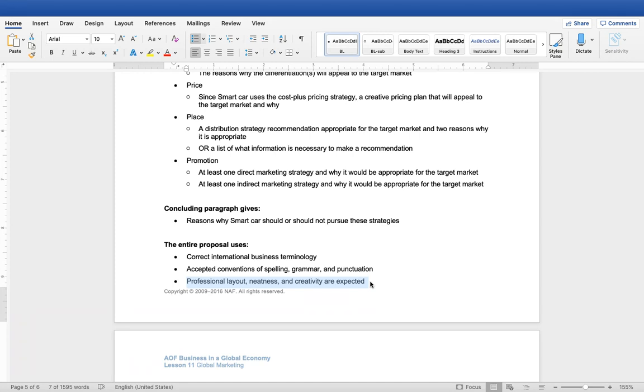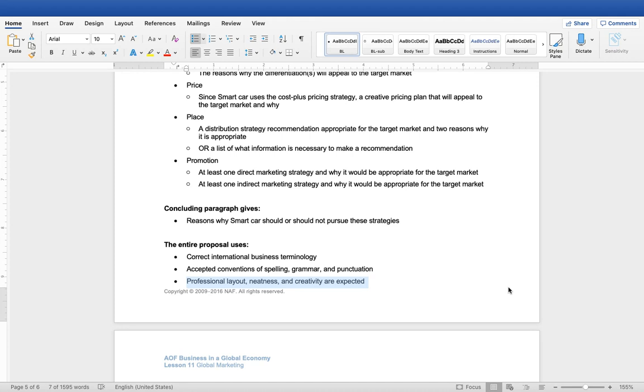This should look professional, spell checked, grammar checked, use proper business terminology, okay, and make sure you use an appropriate template for your report. So you should have a cover page organized in headings and subheadings. Make sure the team member names are included in the cover page, and make sure it looks professional.